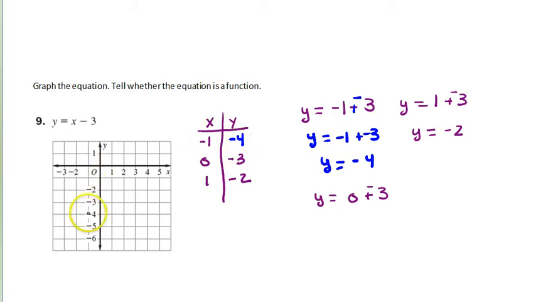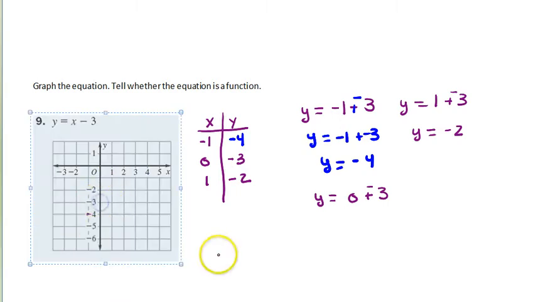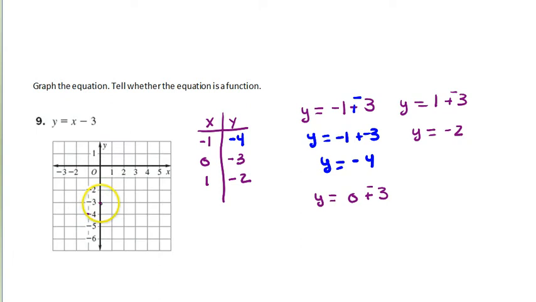And I'm graphing on the lines, not the spaces, so my first point is going to go right here. My second point is 0, -3, so that's going to be right here. And my last point is 1, -2, which is going to be right here. I can use my line tool to graph this.